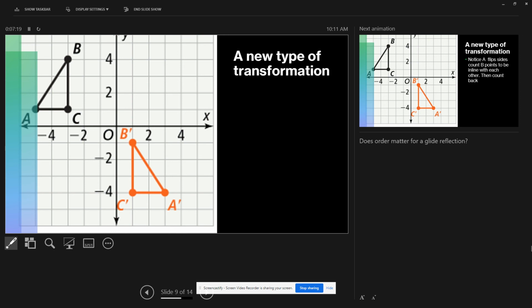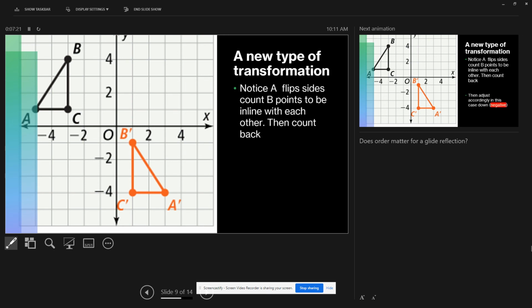All right, so let's revisit this one. Notice A flips sides, B counts, flips sides, count B points in a line to the other, then count back, and adjust them accordingly. In this case, we're going to be looking at it negatively. So B, starting down, we're going to have this kind of composition right here, which is a glide reflection.